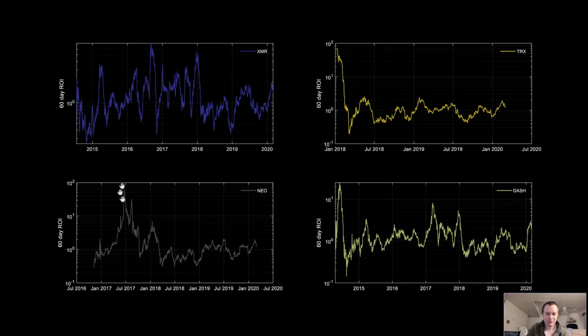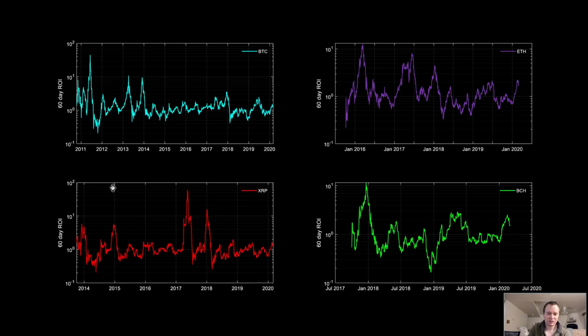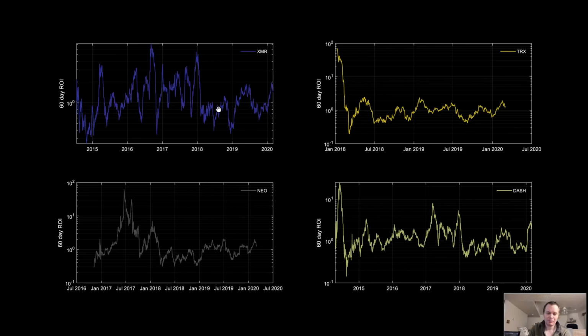And for those who think this can never happen again, just go back to Bitcoin, and you can see that even though these are spaced out, we still do see nice local peaks where you can see a several times return on your investment. But we would expect it to not reach that point again. I don't think Neo would ever reach a 60x in 60 days. I mean, that's insane.